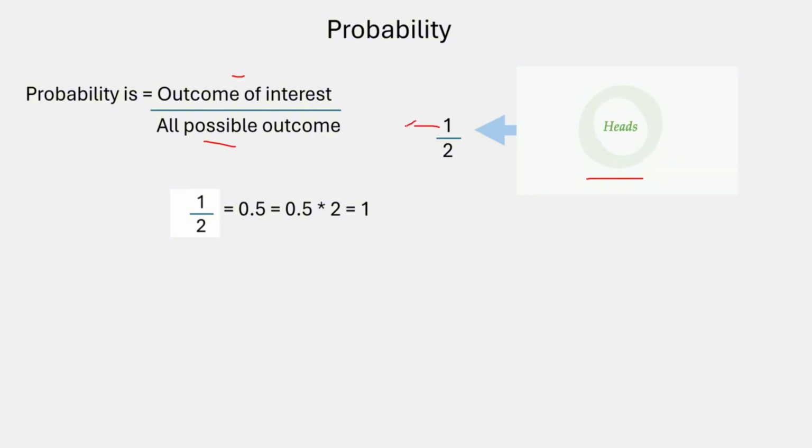Okay. So, for example, I want the head. One represents head, because I want one. I cannot get head and tail at the same time. We are not in quantum physics, where you have all the possible states together. Here in our real, classical physical world, we only have the probability of the event that is occurring.